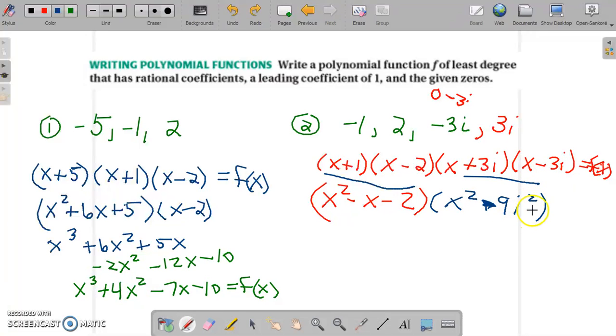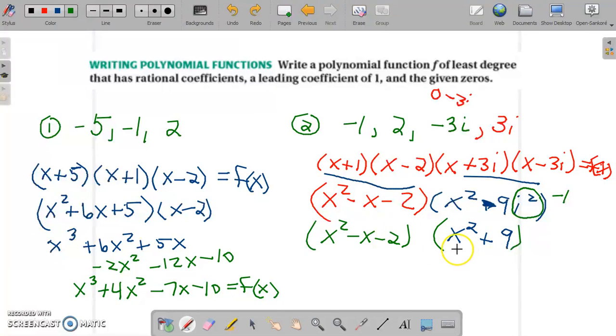But because i squared is a negative 1, you end up getting x squared plus 9, because negative 1 times a negative 9 is a positive 9. So now we've got x squared minus x minus 2.